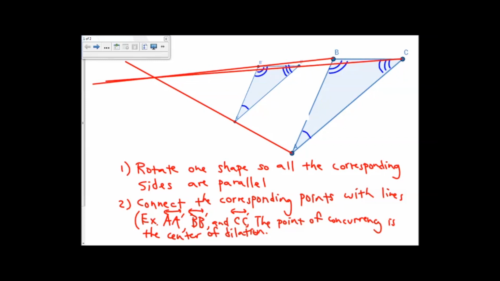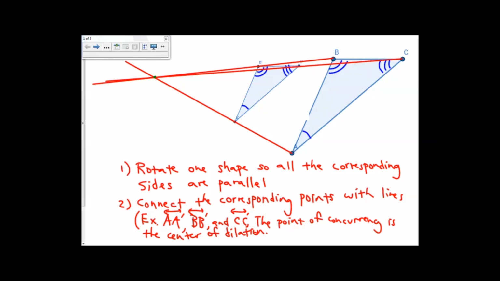I could do a dilation to map one onto the other. That's the series of transformations you could use to show that shapes are similar to each other.